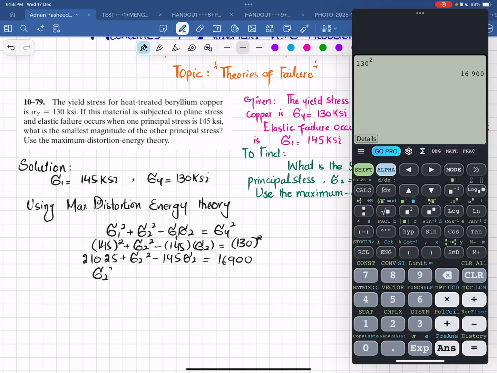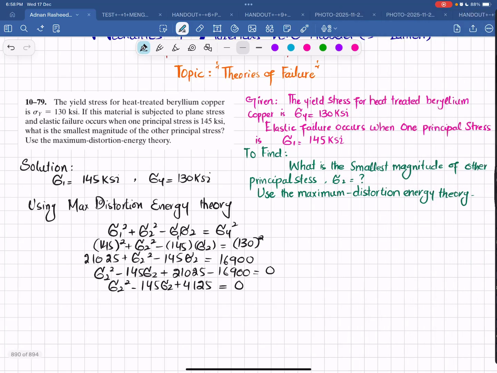So sigma 2 square minus 145 sigma 2 plus 21025 minus 16900 is equal to 0. 21025 minus 16900 will give you 4125. So sigma 2 square minus 145 sigma 2 plus 4125 is equal to 0.